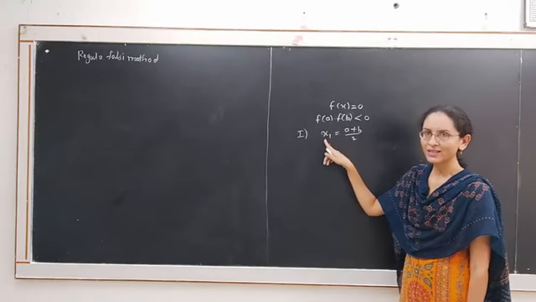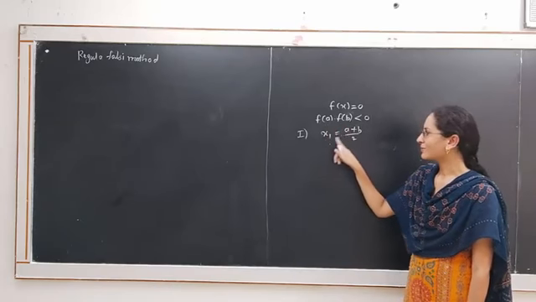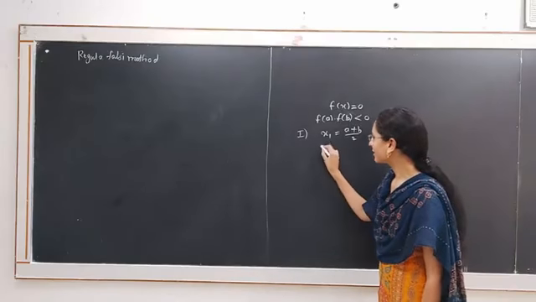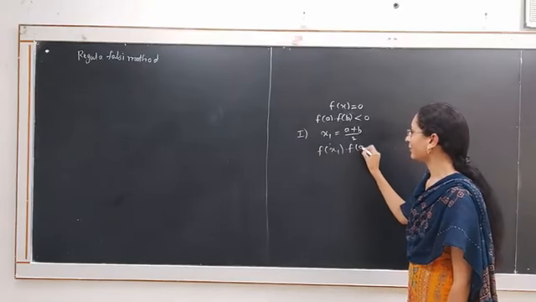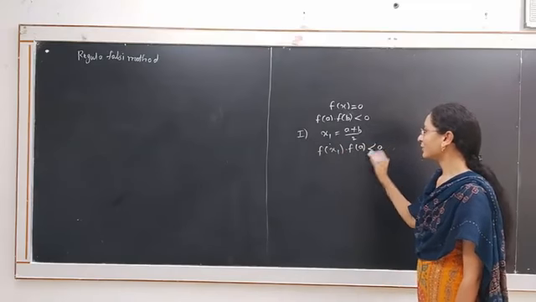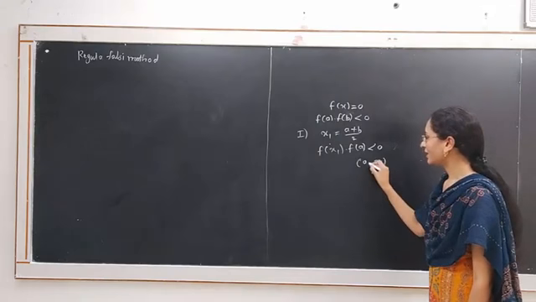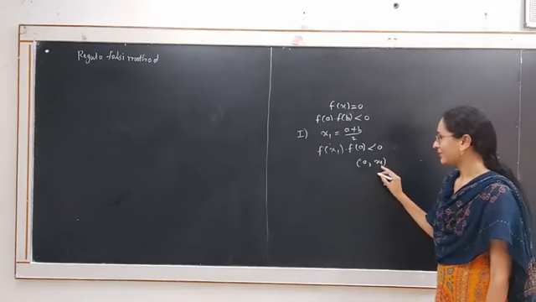Then we check the sign of f of x1 into f of a. If this sign is negative, then the root will lie in the interval a to x1. In this case, we take b equal to x1.